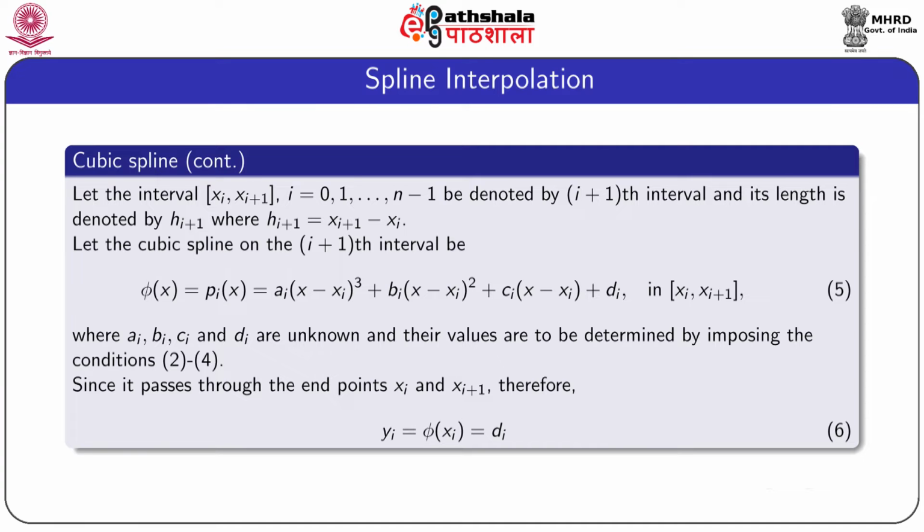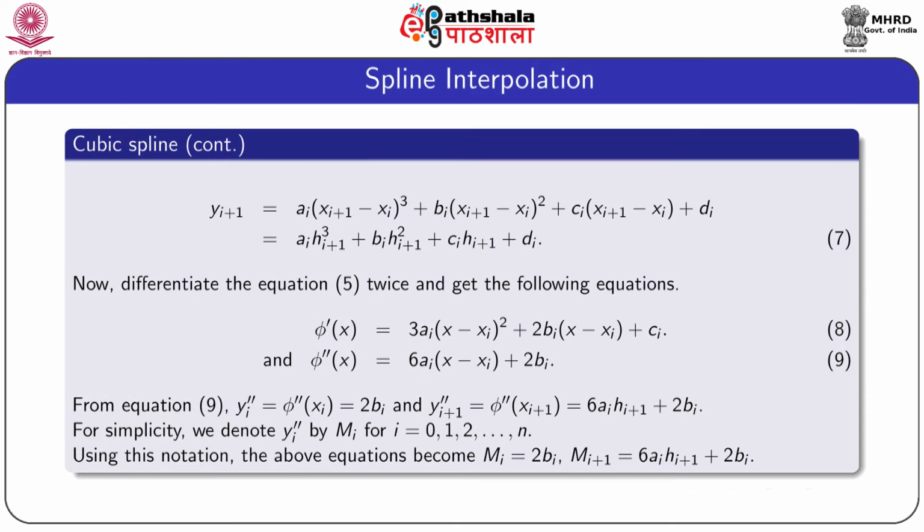In case of x = x_{i+1}, from equation 5 we have y_{i+1} = a_i (x_{i+1} - x_i)^3 + b_i (x_{i+1} - x_i)^2 + c_i (x_{i+1} - x_i) + d_i.